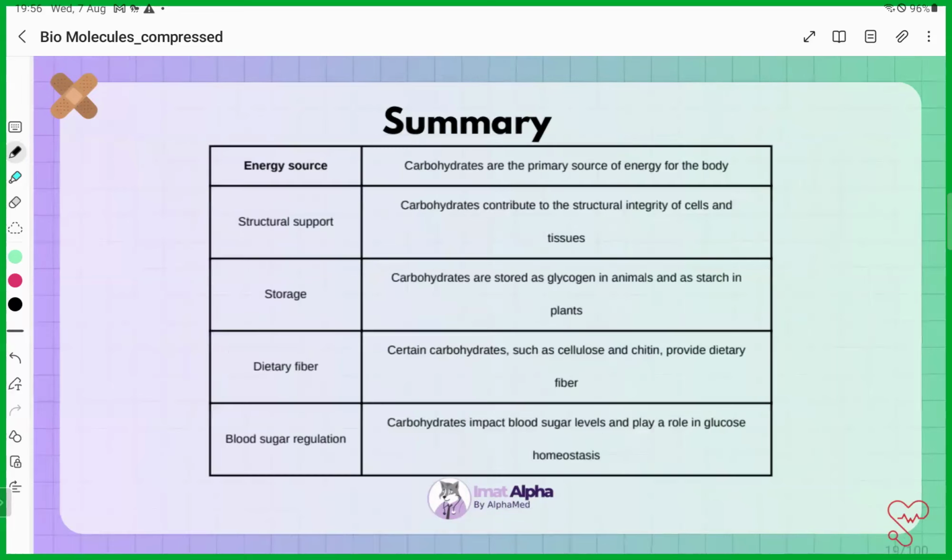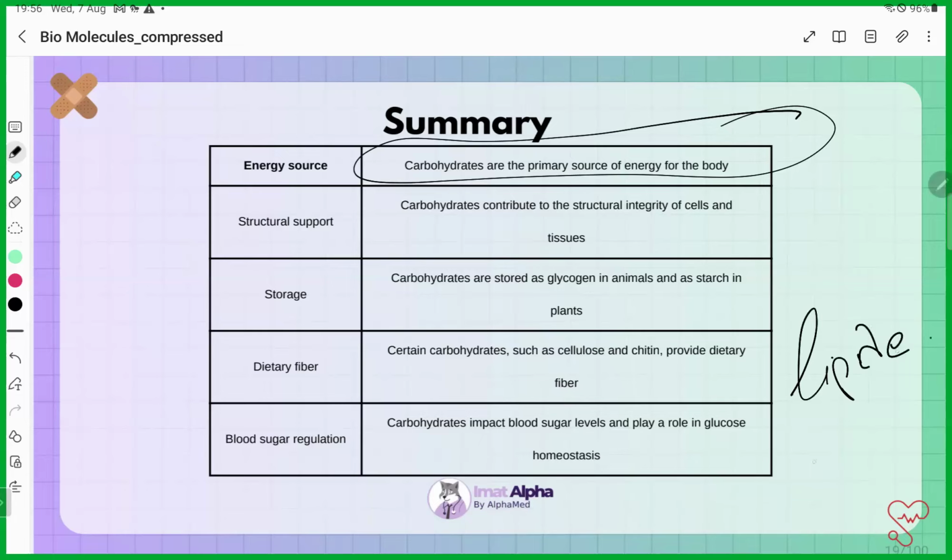Energy source. Carbohydrates are the primary source of energy for the body. Now, researchers say that lipids have much more kilocalories than carbohydrates, and this is of course 100% true. But as a primary source of energy for our body, if you saw that we spoke about the mitochondria and glycolysis, we use glucose, we didn't use lipids.